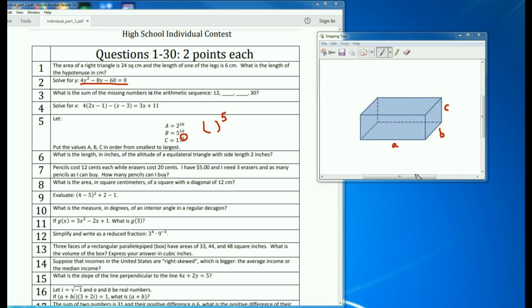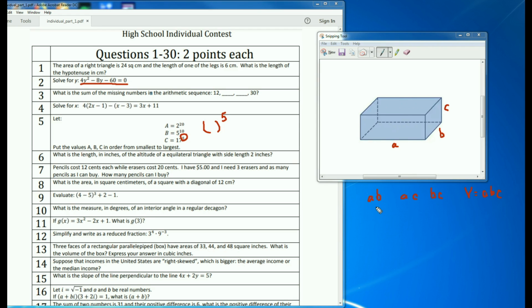Okay, so we know that the surface areas then would be A times B is one of them, A times C is one of them, and B times C is one of them. We also know that the volume of the prism is just A times B times C. Then what I want you to investigate is what do you get?